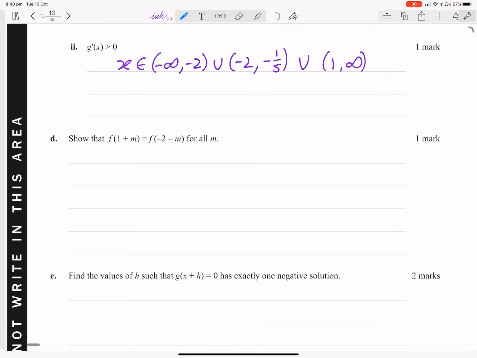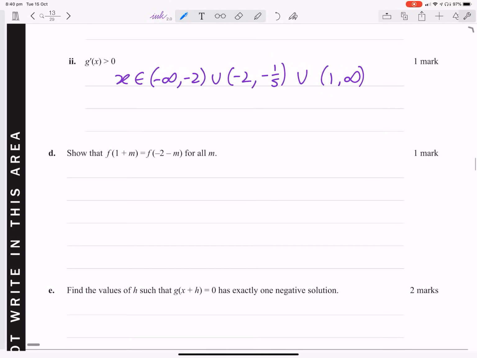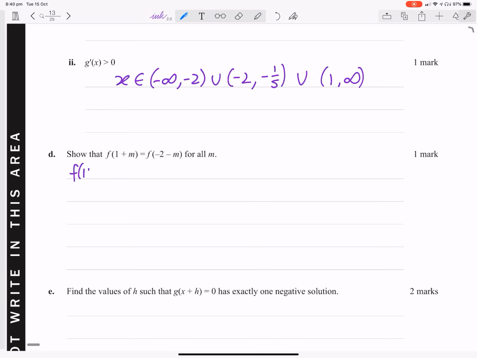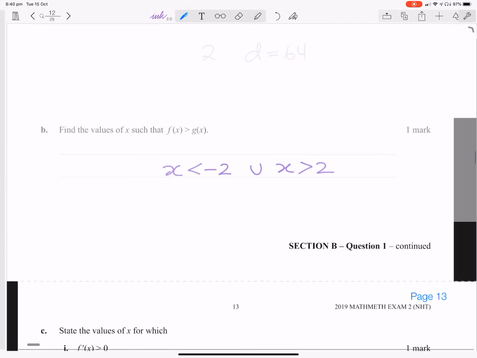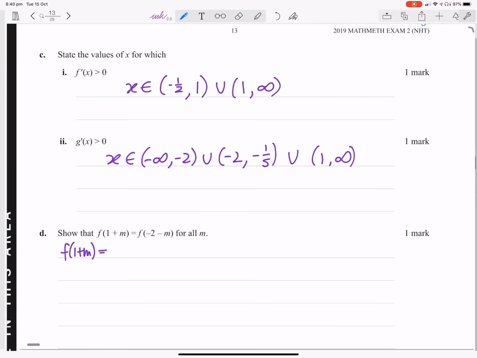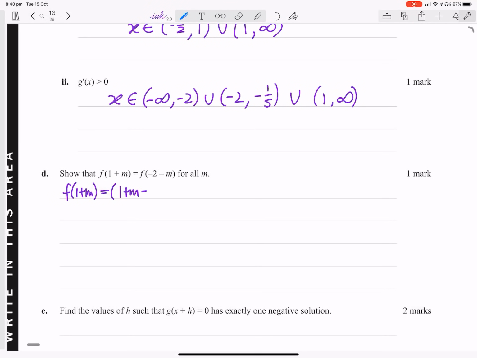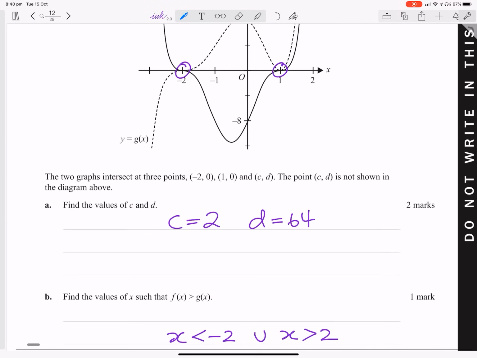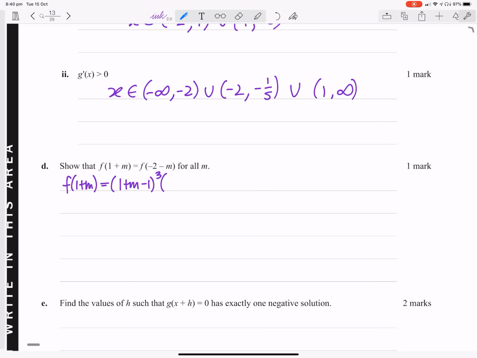Okay, show that f of 1 plus m is equal to f of negative 2 minus m. F of 1 plus m: 1 plus m minus 1 cubed, 1 plus m plus 2 cubed, is, they cancel, so we get m cubed, 3 plus m cubed.